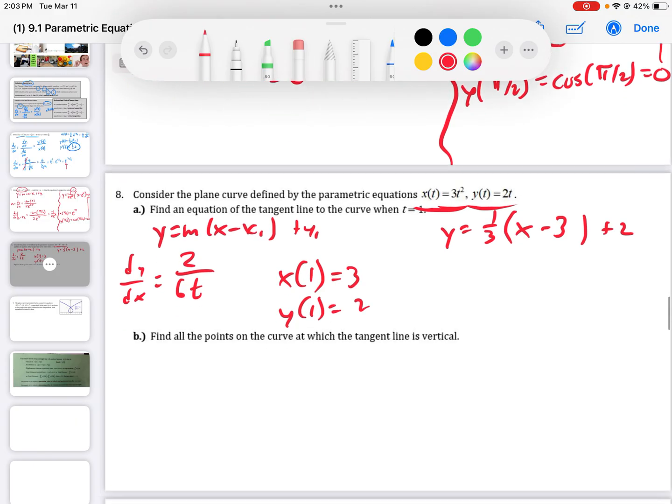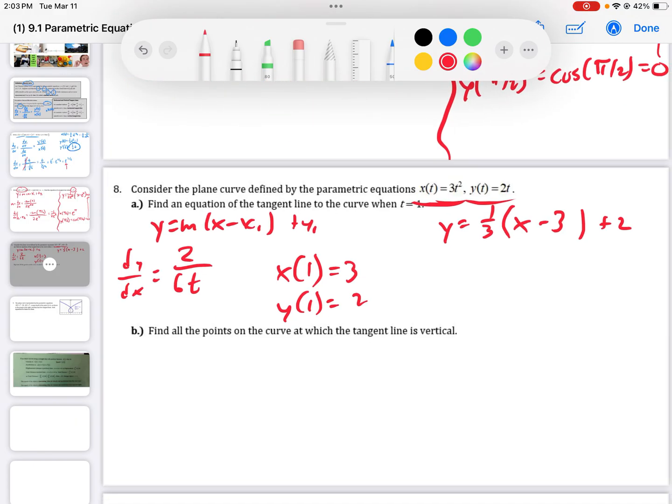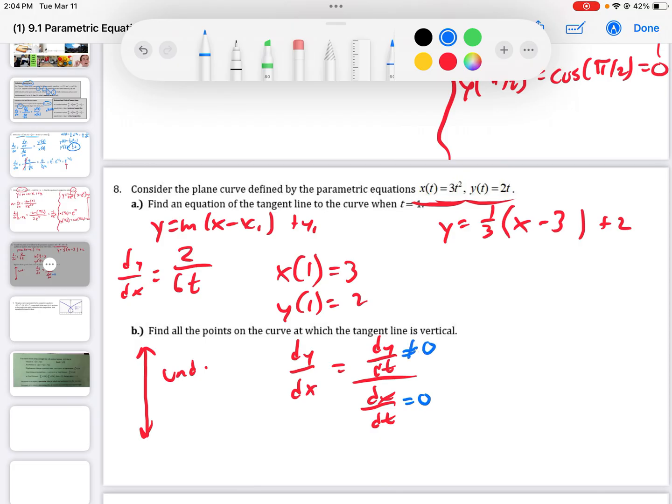All right, find all the points on the curve when the tangent line is vertical. All right, so a vertical tangent line has slope undefined. dy over dx is equal to dy with respect to time over dx with respect to time. So undefined slope has denominator 0. But it can't simultaneously be 0 on top.